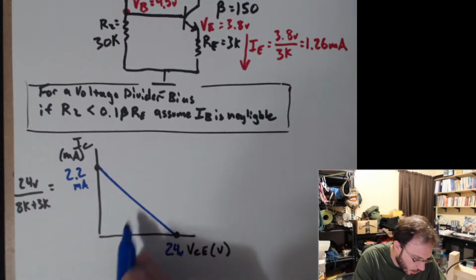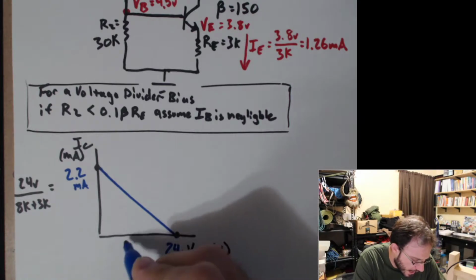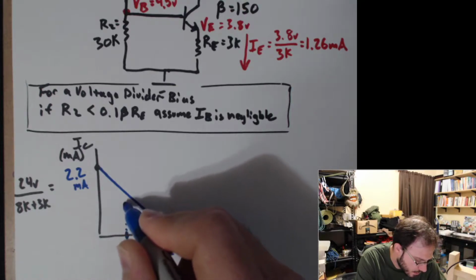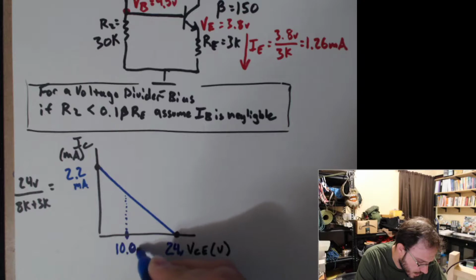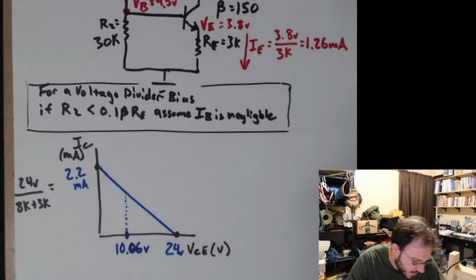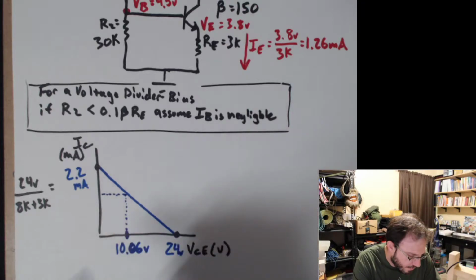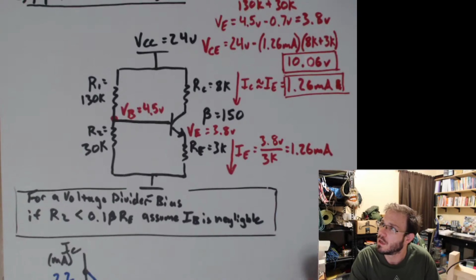Well, 10 volts is, let's say this is the halfway point at 12 volts, so a little before that. Let's say right about here. We are at 10.06 volts, and we should get a little more than halfway between 0 and 2.2 milliamps.